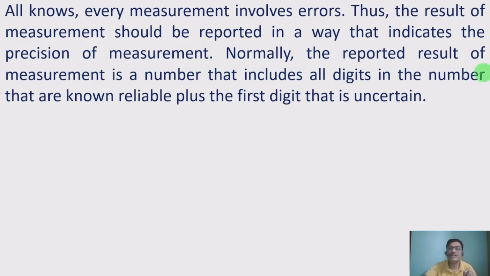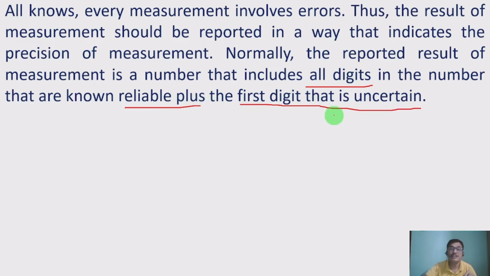Normally, the reported result of the measurement is a number that includes all the digits in the number that are known as reliable, plus the first digit that is uncertain.